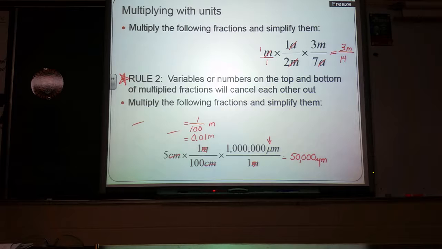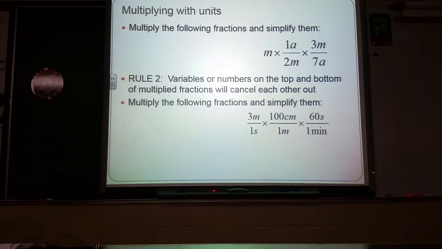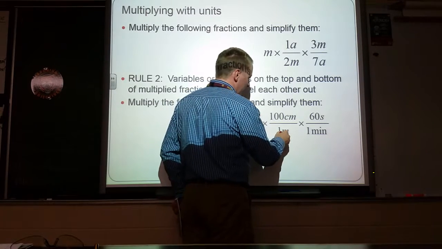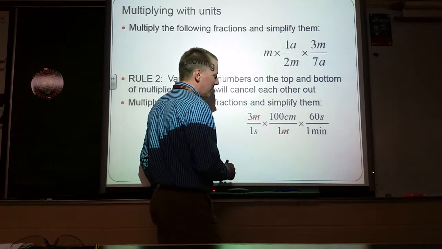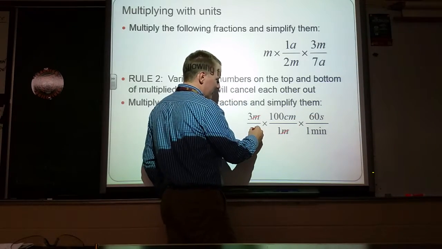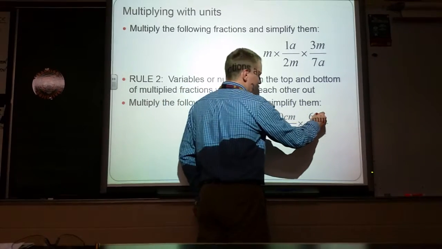One more on this page. Give that one a go on your own. See what your final answer is. So I see a lot around the room that, okay, we've got a meter here, we've got a meter there, so those can cancel. Also, since we have seconds on the bottom and top, seconds and seconds can cancel.